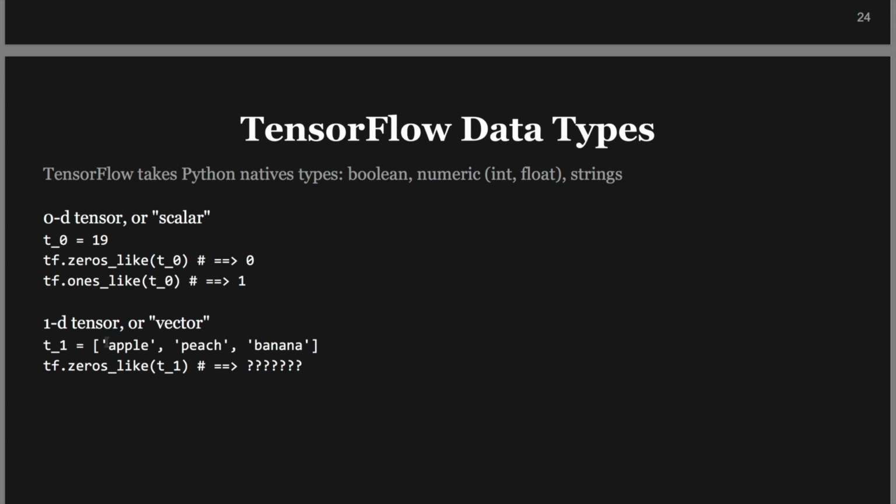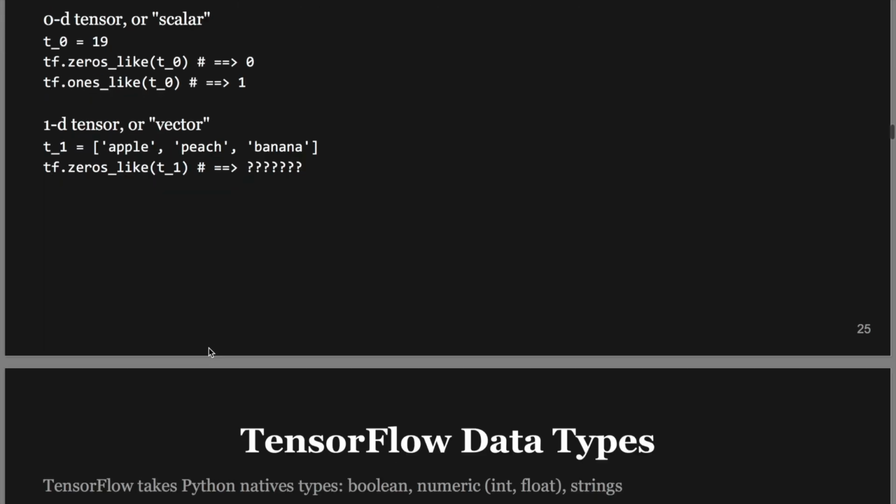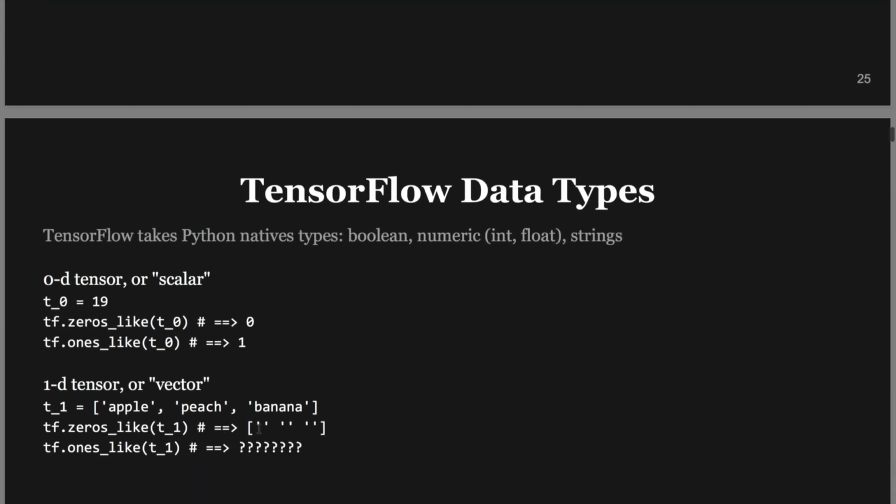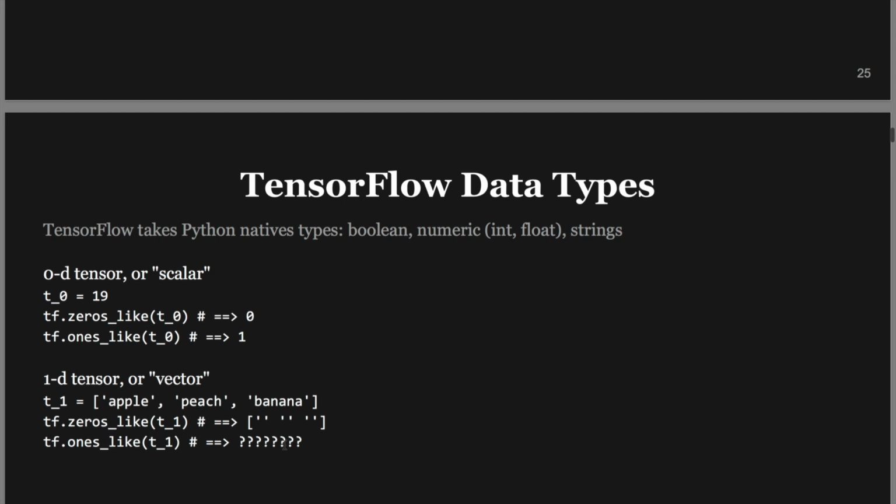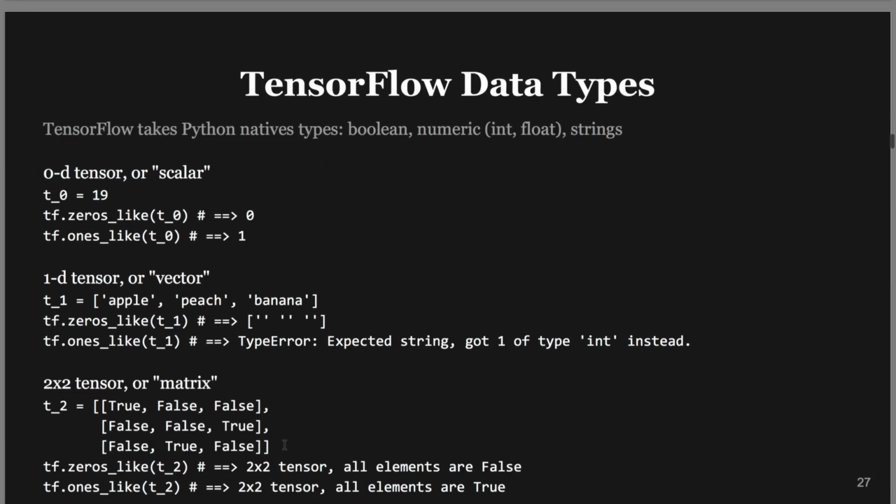The shape is well defined, which is just a vector of 3, so we would expect a vector of 3 empty strings. But if you were to ask tf.ones like t1, then we won't be sure as to what the concept of 1 is for a string. So TensorFlow is going to get confused and it's probably going to throw an error, just like what it's doing out here.